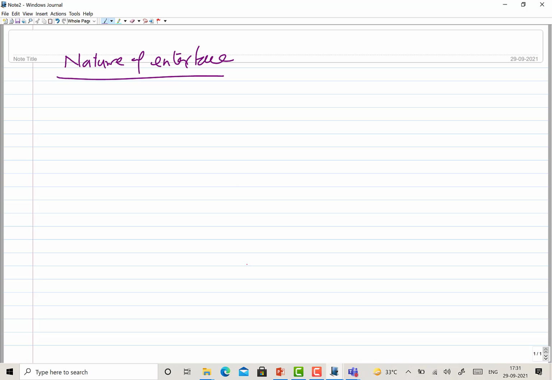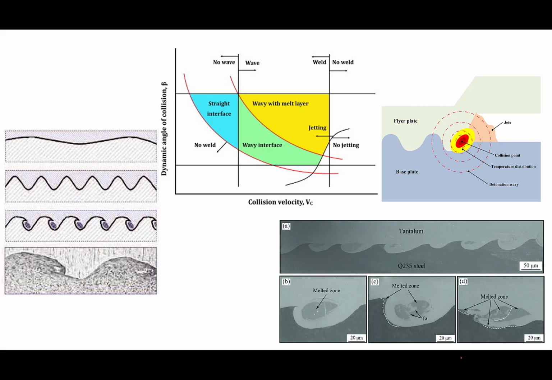Just recall what I have just shown you here. The typical interface can be flat like this, or it can be wavy, or it can be wavy with the jetting, and this is the real sample photograph where the jetting and the waviness can be seen.